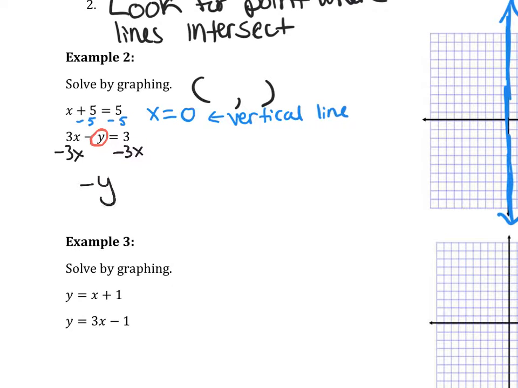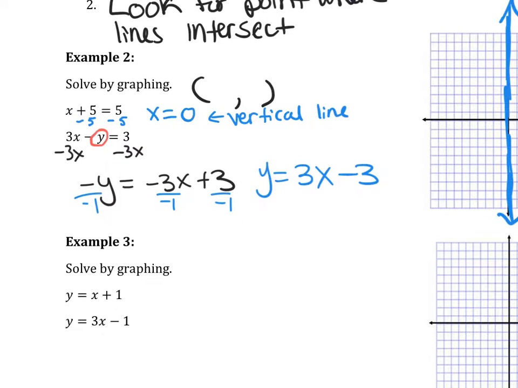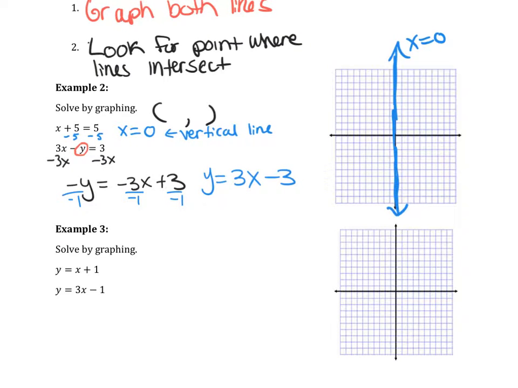We're left with negative y equals negative 3x plus 3. But y is still negative, so to get y completely by itself, we divide everything by negative 1. So we have y equals positive 3x minus 3.